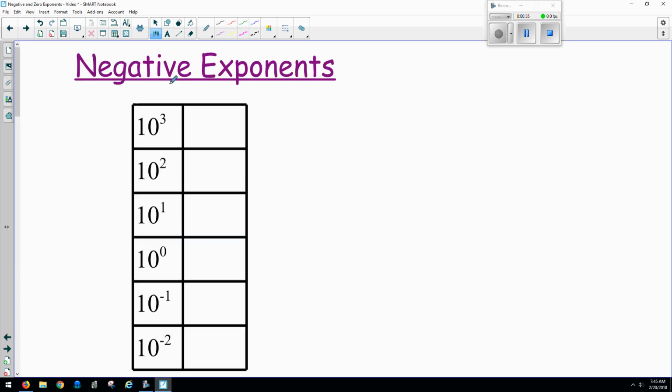So for negative exponents, I want to show you this pattern here. If I raise 10 to the third power, 10 cubed, that gives me 1,000. 10 squared is 100. 10 to the first power is 10. And 10 to the 0, as we just found out, is 1.